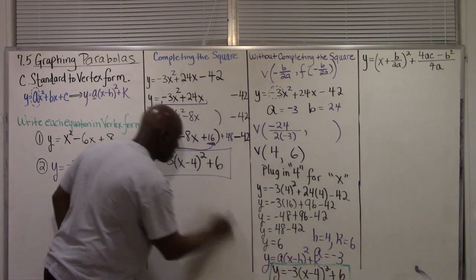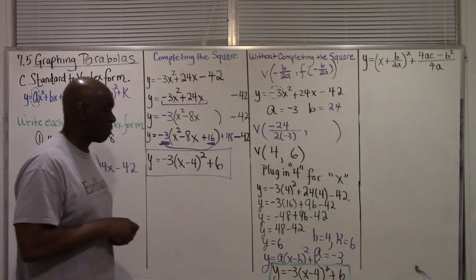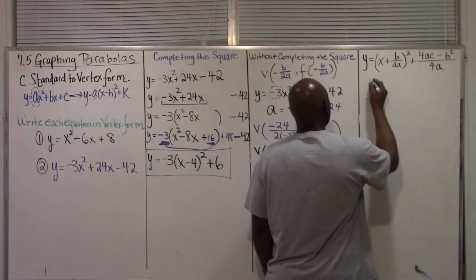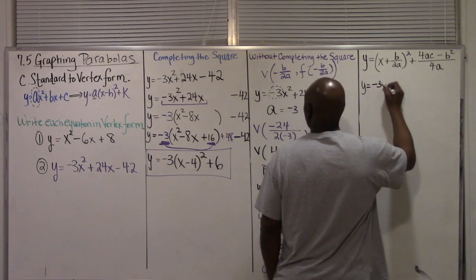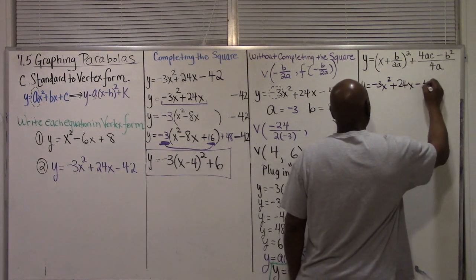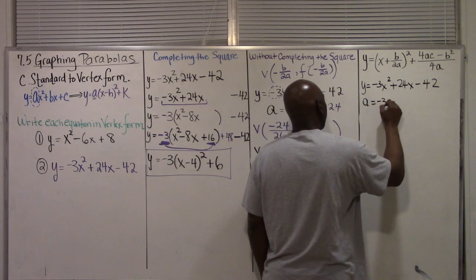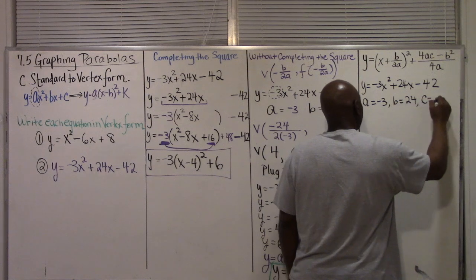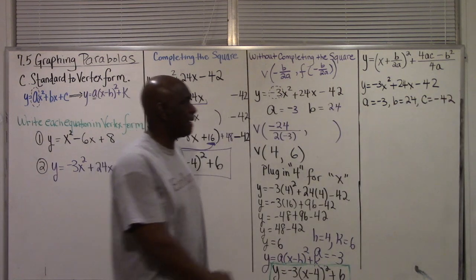All right, so this is that. Last way, that way. Here we go. What do we have? y is negative 3x squared plus 24x minus 42. So A is negative 3, B is 24, and C is negative 42. That's our ABC. See that?